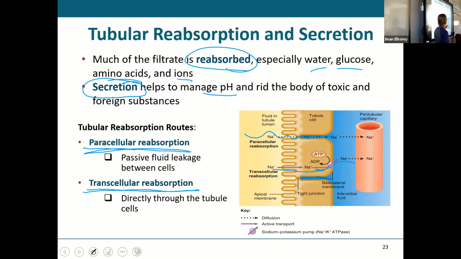So that is when the substance goes into the cell, and then the cell uses ATP to push it out. That's what's happening here. Remember, this is an active transport. Transcellular requires some type of active transport, whereas paracellular, in between the cells, it's a passive mechanism. It just simply leaks out.